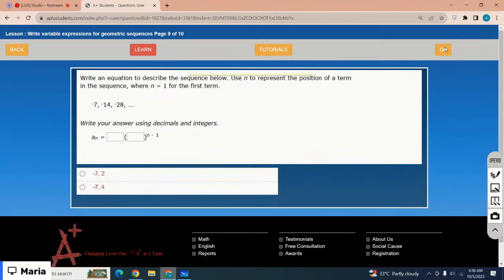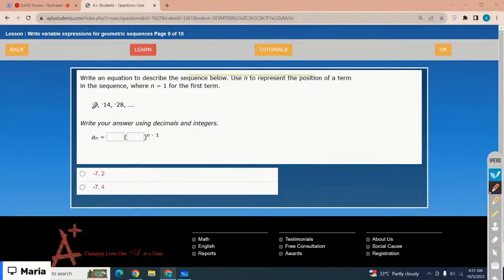The next one is write an equation to describe the sequence below. Use n to represent the position of the term in the sequence. So which is the correct option? The first term in the sequence is negative 7, right?